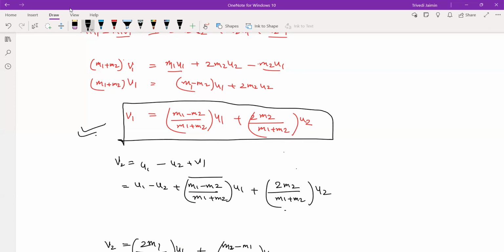It will be a similar value because they are just opposite, only a small change. So just substitute in the equation you wrote, v2 equals u1 minus u2 plus v1. It will be easier to find. Yes, sir.